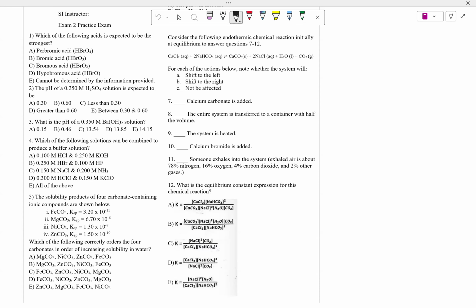If you're not familiar with that reaction, but you just know that it's attaching itself to it, that indicates it's not acting as an acid.